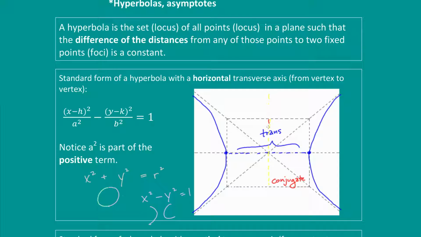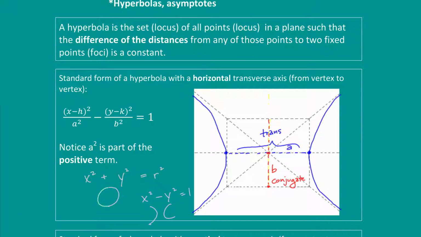We're going to be mostly working with our transverse axis, but similar to ellipses, we'll have a conjugate radius from the center of our graph to the edge of this conjugate axis will be a value of b, and the value between the center and this vertex is going to be a value a.